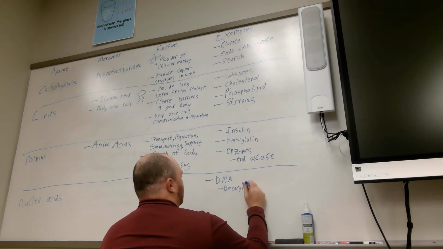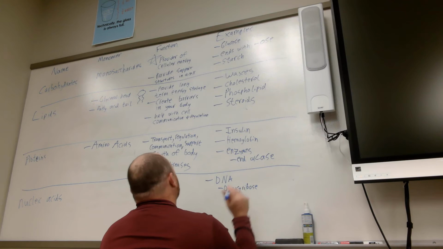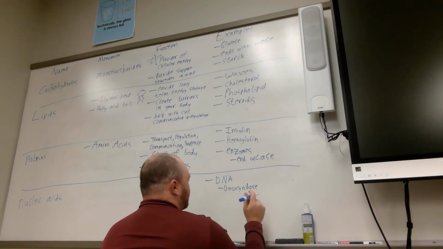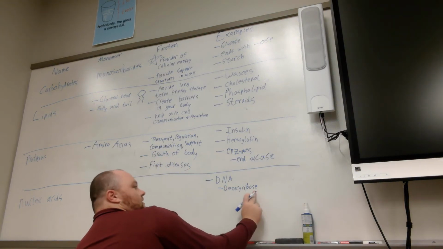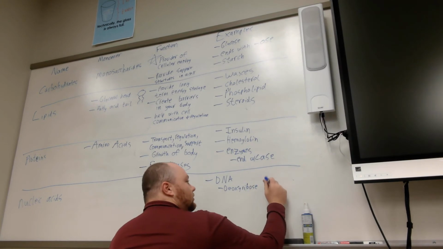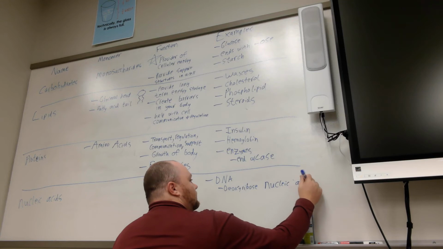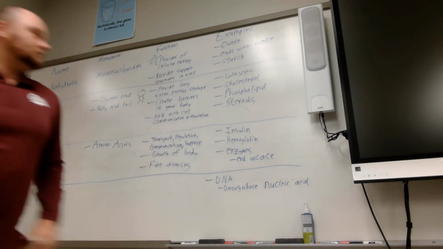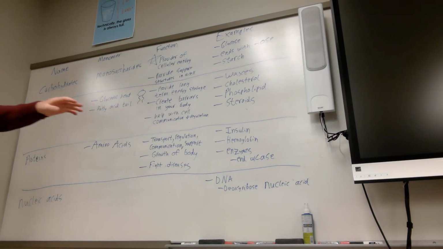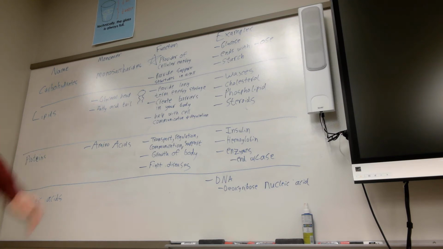This goes under examples. Sorry, I'm skipping ahead a little bit, but I just wanted to let you know that's what these are. The D stands for deoxyribose nucleic acid. So your DNA is basically just a type of nucleic acid, and the sugar that's attached to it is deoxyribose. Anyone know the other one?